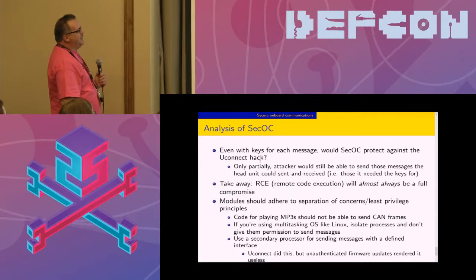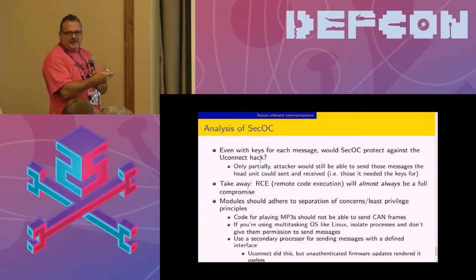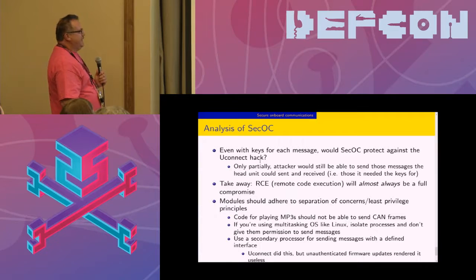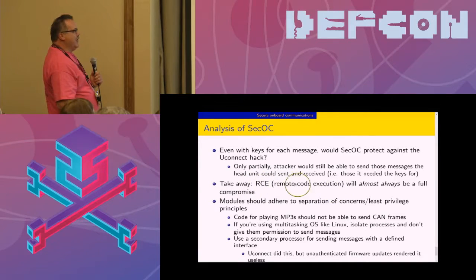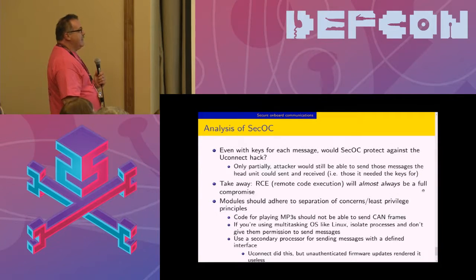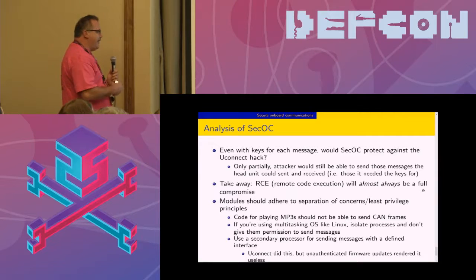It will make it a little more difficult, but if you already have the code in there to deal with everything and just need to take a little extra advantage of it, you basically have it owned. In other words, if you get remote code execution, it's going to be a full compromise, no matter what you do, pretty much.